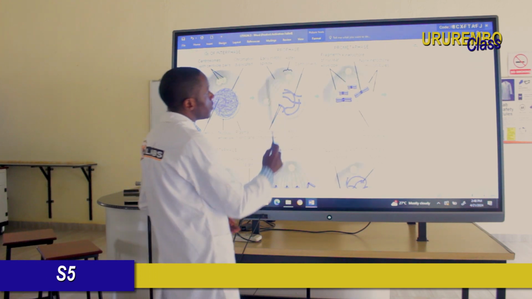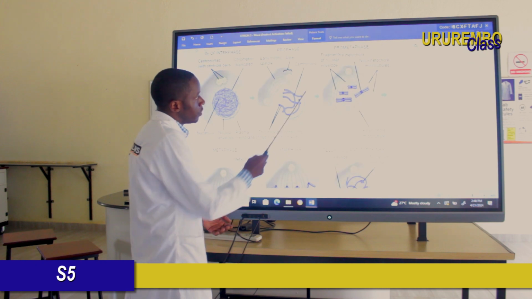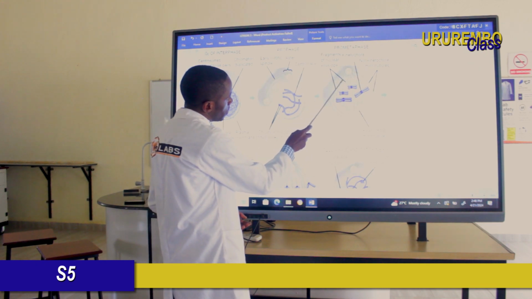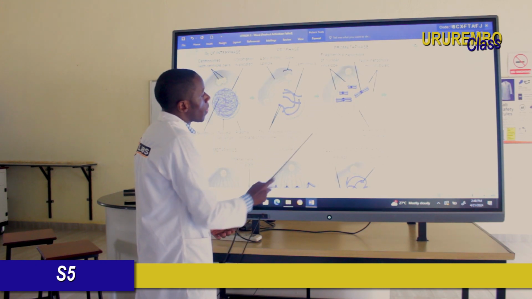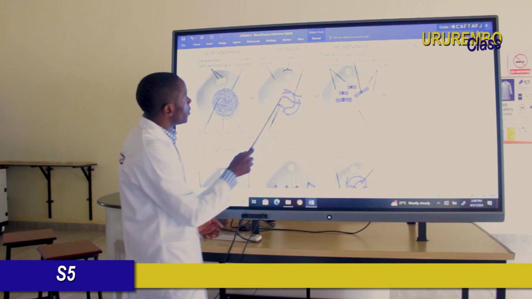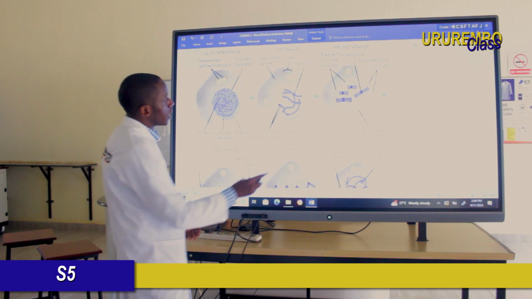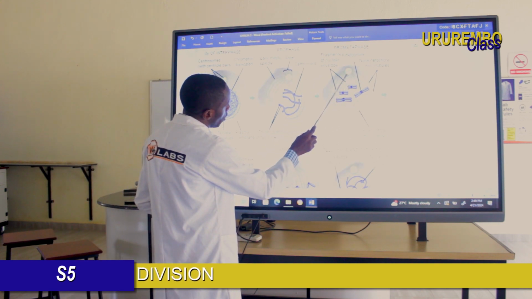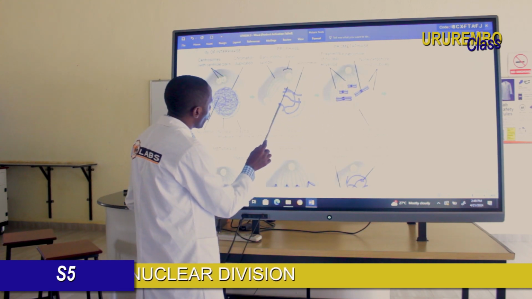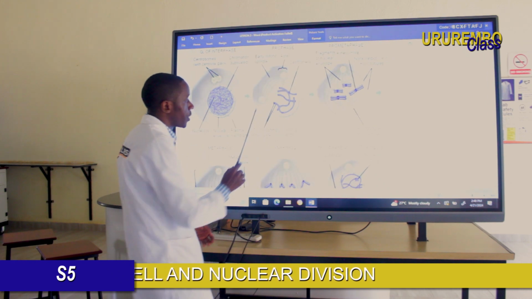In this prometaphase, there are fragments of the nuclear envelope. It means that the nucleus that you found in the prophase starts to disappear. Here are different fragments of this nuclear envelope, or nuclear membrane.